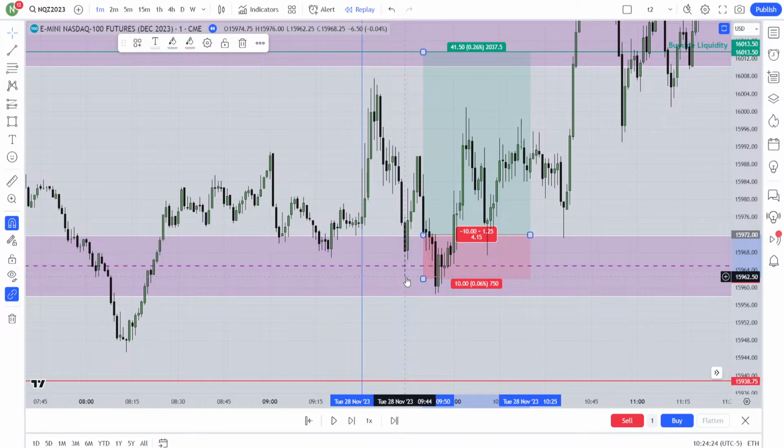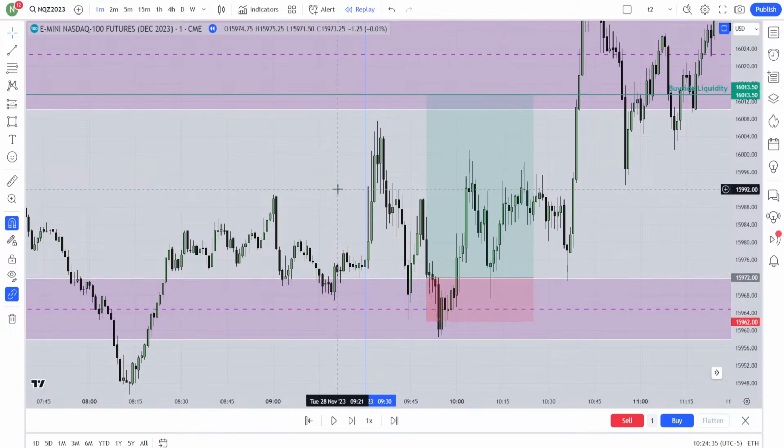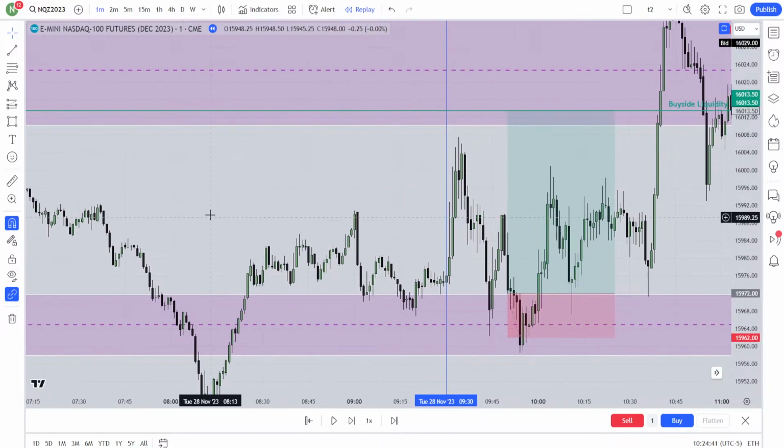Ovi, are you here? So narrative means to take the liquidity? No, narrative doesn't mean liquidity taken. Narrative means Monday is the accumulation day. That means Monday will stay in the Friday range. It doesn't need to take the liquidity. It has to stay inside the Friday range. That is Monday's narrative.